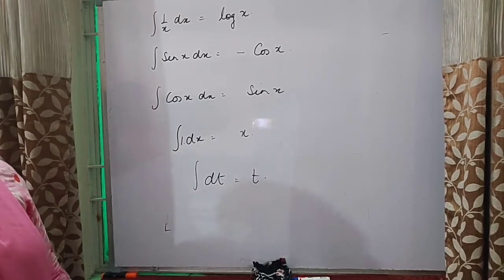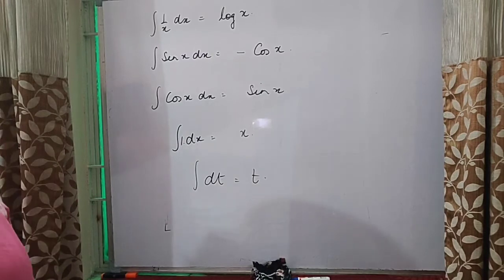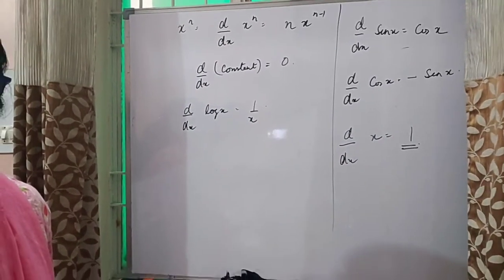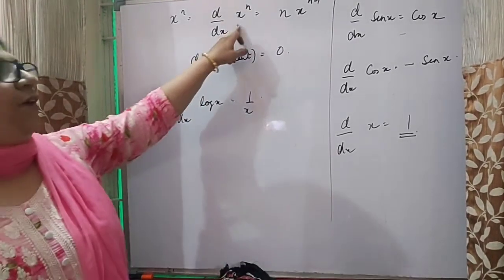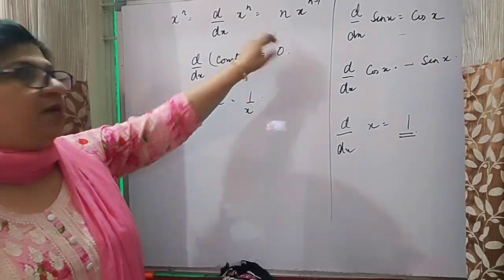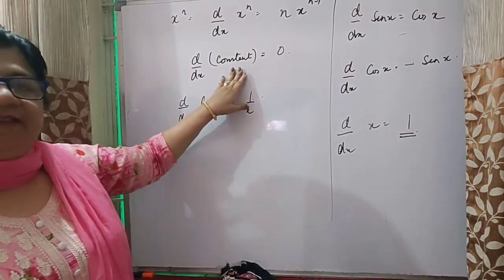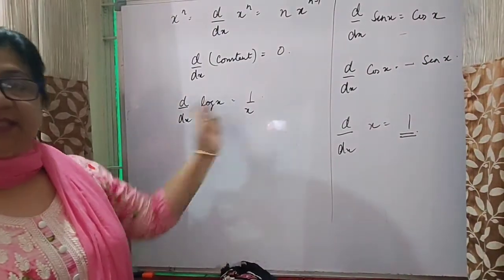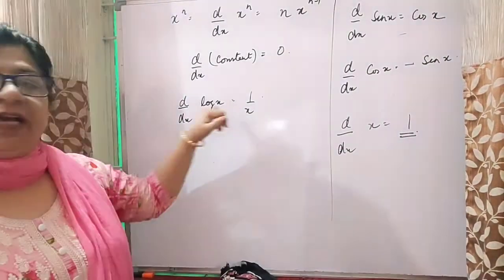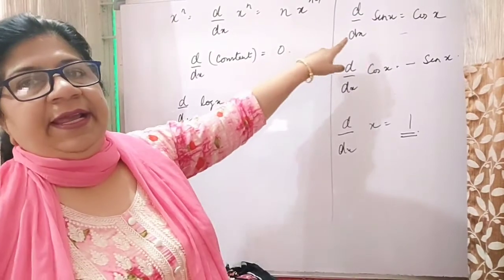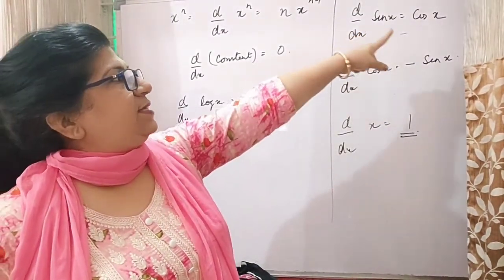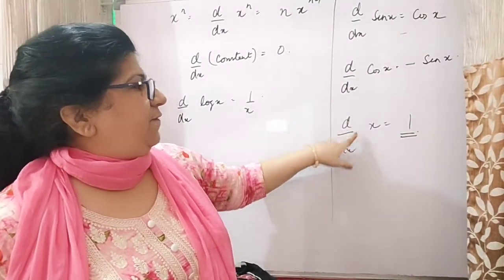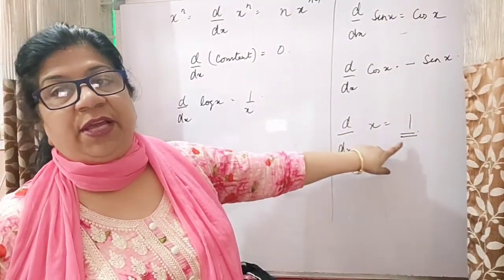But for a few differentiation formulas, I'm writing them here, you can note them down. So here you can see that the differentiation of x to the power of n, as I told you, is this, right? Differentiation of a constant value is 0. Differentiation of log x is 1 upon x. जैसे inverse था, इसका हमने integration किया था तो ये log x दे रहा था. Similarly, d dx of sin x is cos x, of cos x is minus sin x, and if the differentiation of the term x is done, this will give you 1.